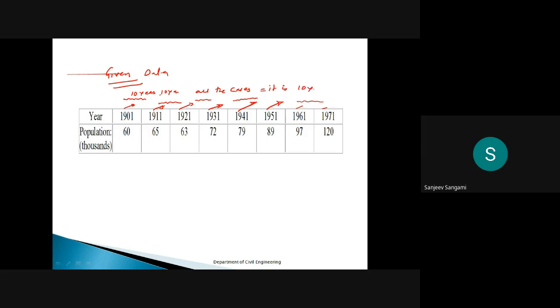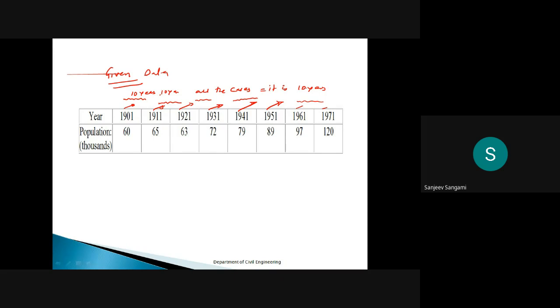First, whichever problem they give, you have to check whether they are giving the population every 20 years, every 10 years, or every 5 years. Don't be under the impression that they will give only decade population. Sometimes only two populations will be given and they ask you to calculate other things.